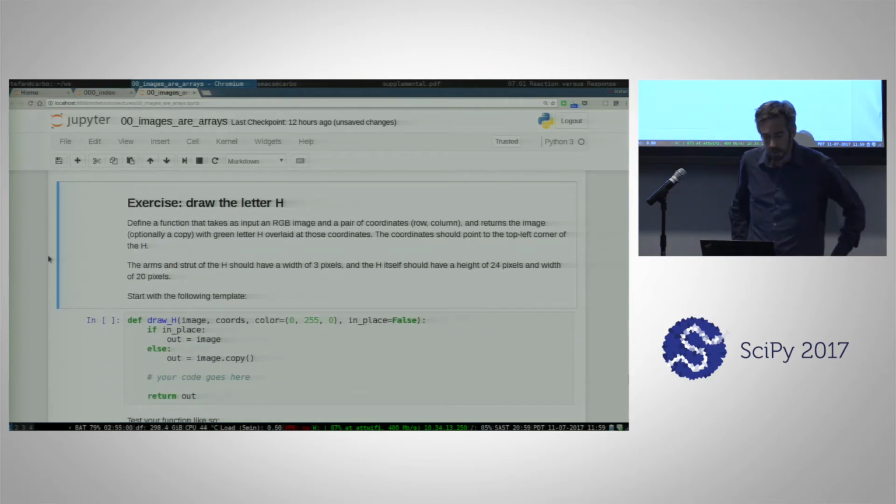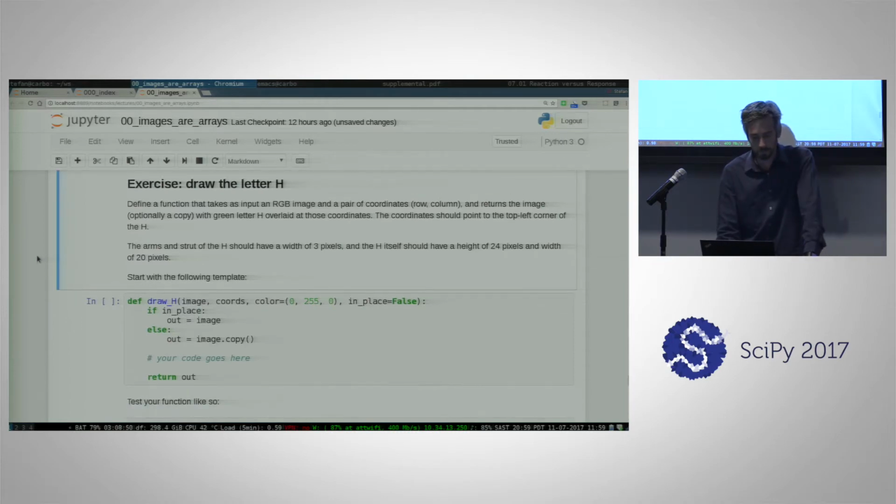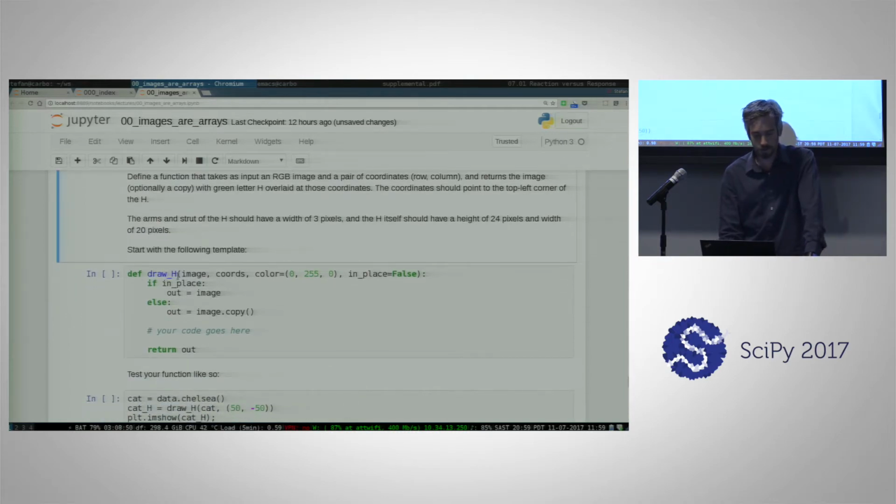Okay, so let's do a quick exercise just to practice manipulating NumPy arrays. So the first exercise here is just to take an image and to draw the letter H on it. So that requires taking the image and manipulating the underlying NumPy array, or manipulating the image NumPy array, same thing. The interface is draw an H on my image.